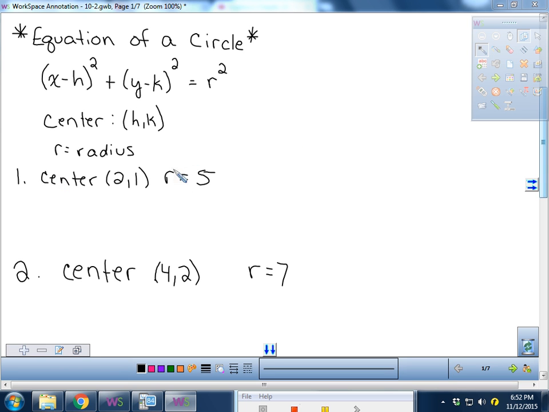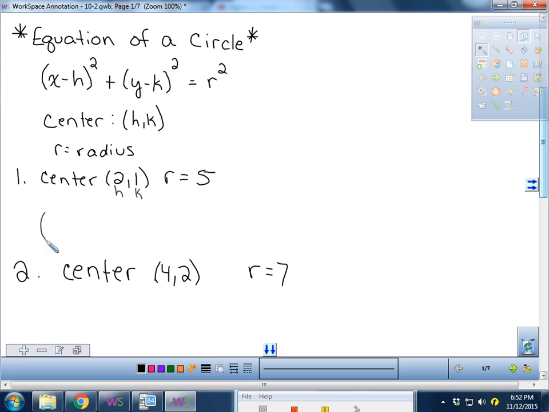So right now I am given the center and the radius. Notice I already told you that to write the equation of a circle, you have to have the center and the radius. So I'm given everything that I need. So this represents my h, and this represents my k, and this, of course, is my r.